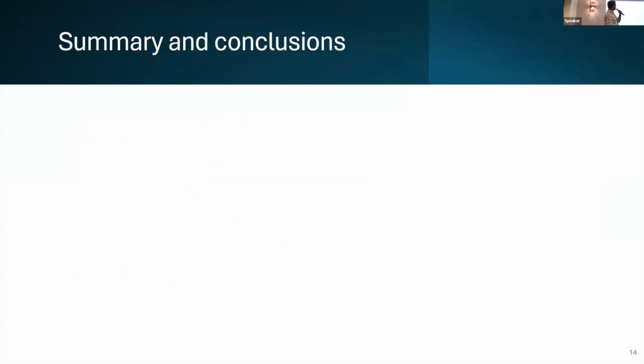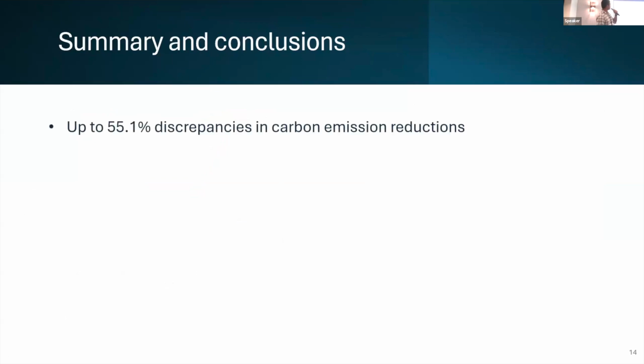So to sum up, currently there is no standardized method of attribution, and also there's no information about the residual grid mix in real time. And this causes a discrepancy in carbon emission reductions. We show that it's up to 58.1% in our analysis.